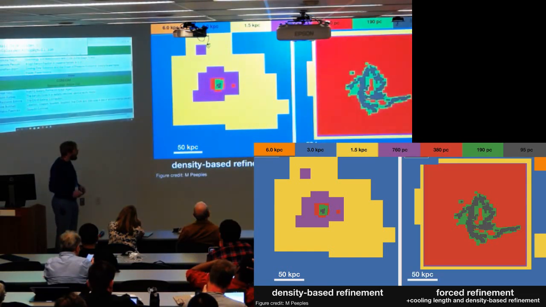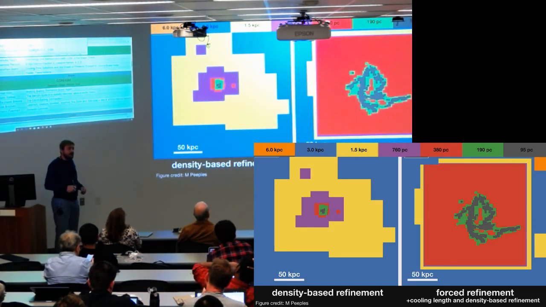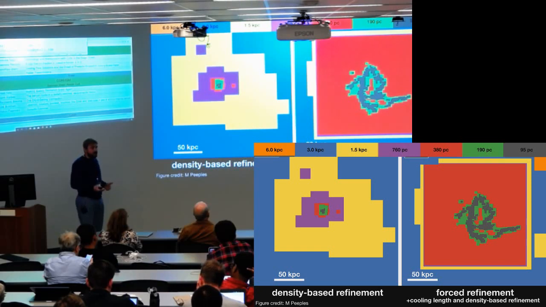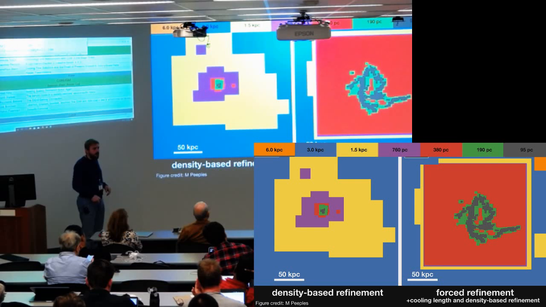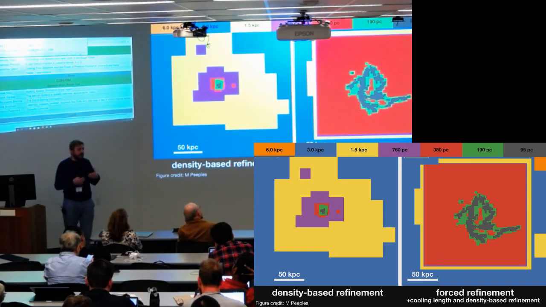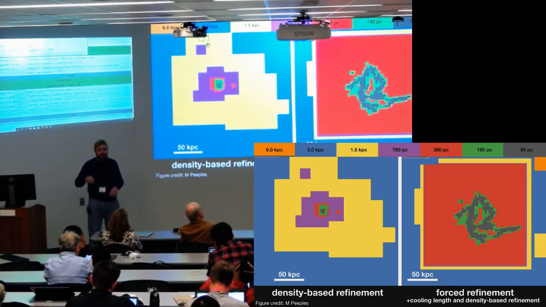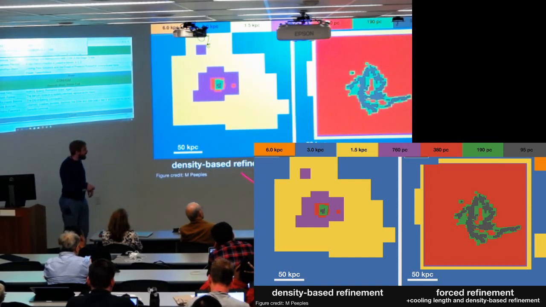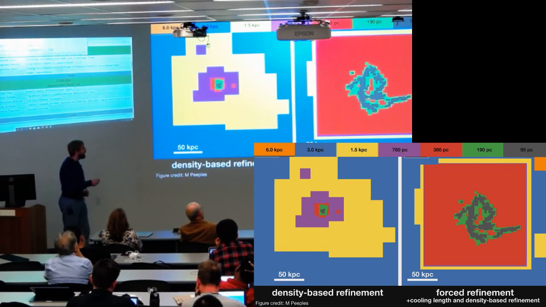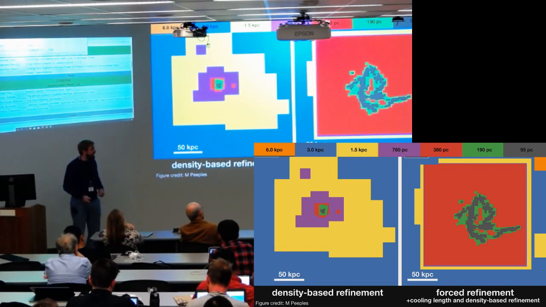And so what's done with FOGGY is we force a minimum resolution in a box that spans 100 kpc around the central galaxy. That resolution here is about 400 parsecs. Above that resolution, we allow it to refine twice more if the refinement is warranted by the density-based refinement scheme, or if that refinement will allow us to resolve the cooling length, which will let us capture the interesting fragmentation physics.